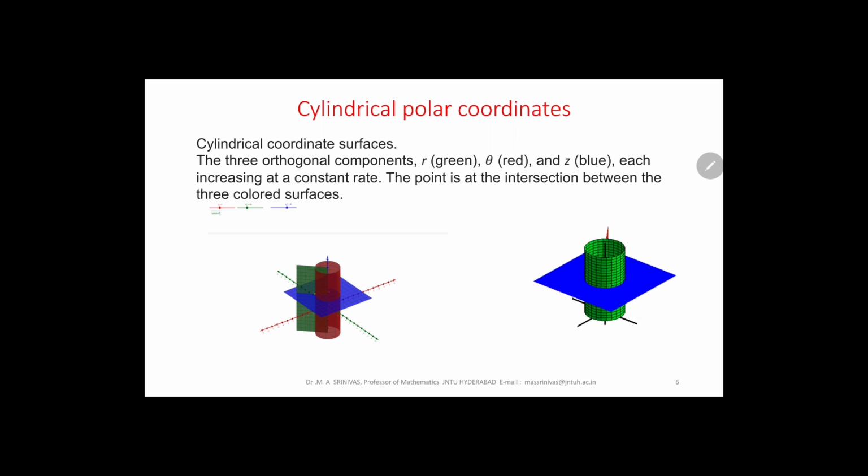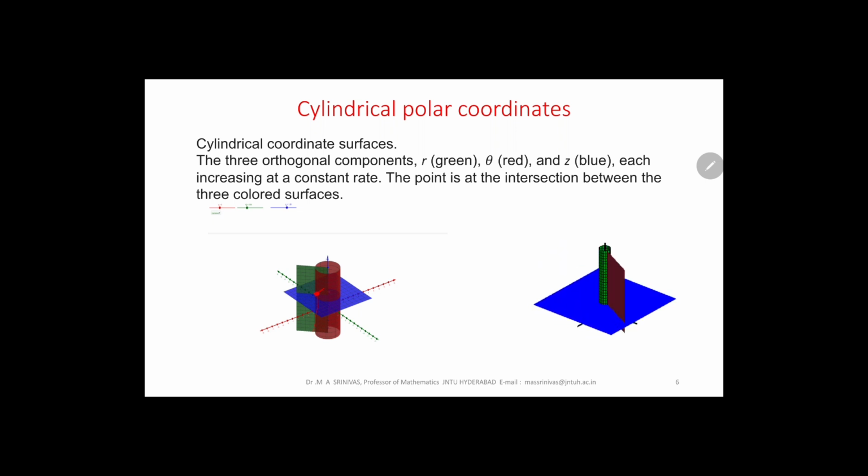The point of intersection of the Z surface, theta surface, and R surface is this point here. This is my Z, this is my R, and this is my theta. So these are the cylindrical polar coordinates.